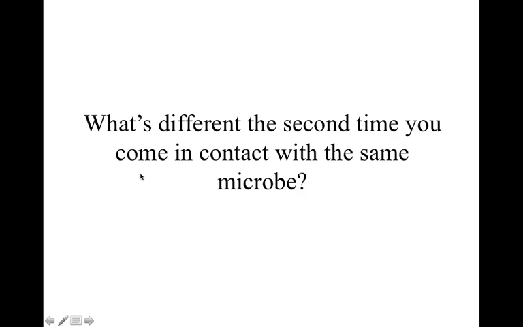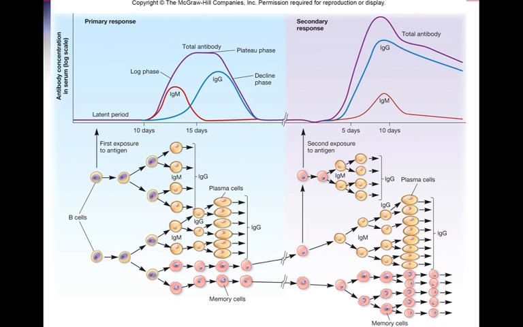What's different the second time you come in contact with the same microbe? The difference with respect to the adaptive immune response is timing and how quick it can respond. Your book says about 10 days it takes to get antibody the first time you come in contact with a pathogen. So you get IgM at really high levels around 12, 12 and a half days after coming in contact with the microbe.